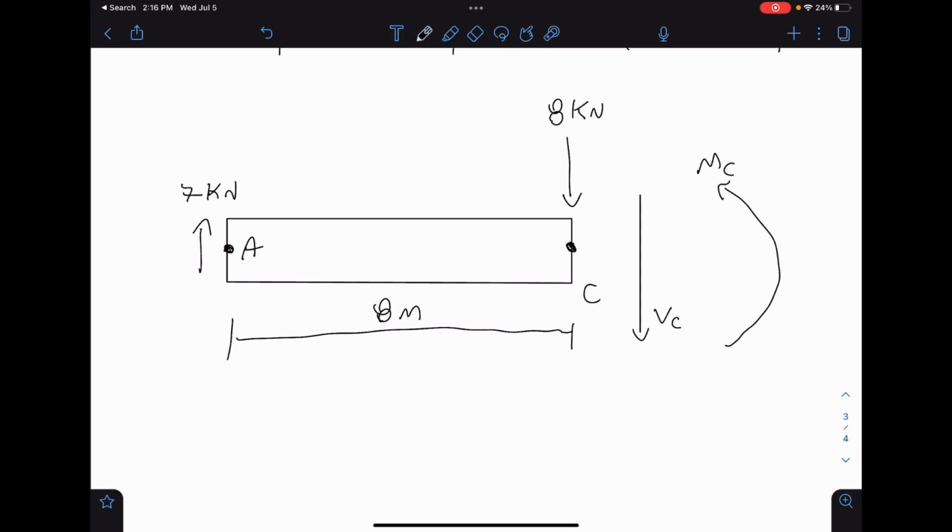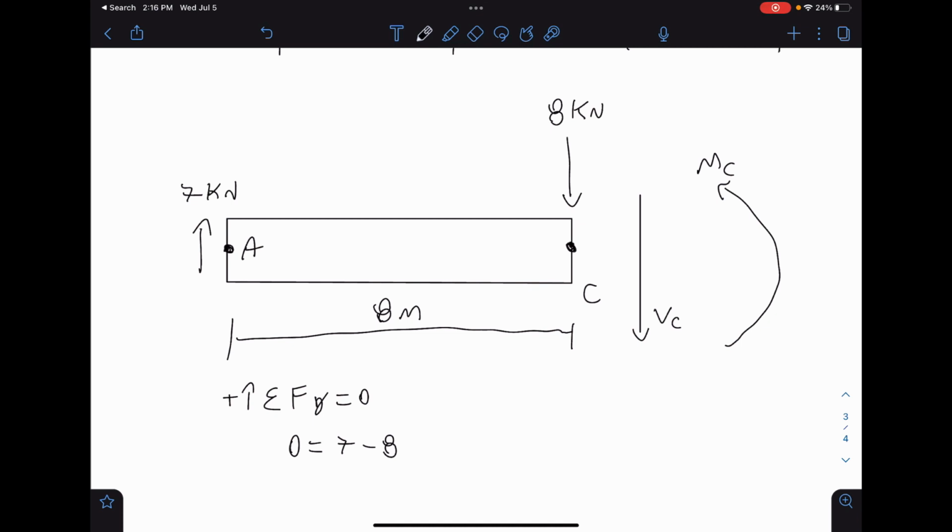So now let's take the sum of the forces in the y direction equal to 0. So 0 is equal to, we have a force going upwards at A, so that's positive 7, and then downwards at C, so minus 8. And then we have our shear force VC at C as well. Now, you remember when I said that for a shear force to be positive, it needs to be rotating the beam clockwise, right?